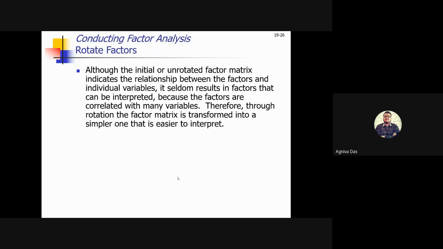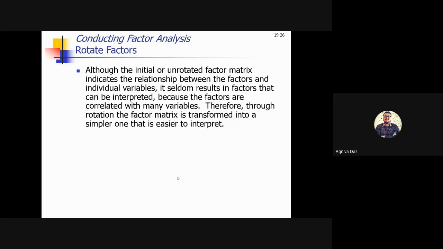Therefore, through rotation, as I told earlier, we try to increase the gap by allowing more variability to the component that has higher variability in a particular factor, and removing that variability from another factor, which might result in the variable being grouped under that factor.